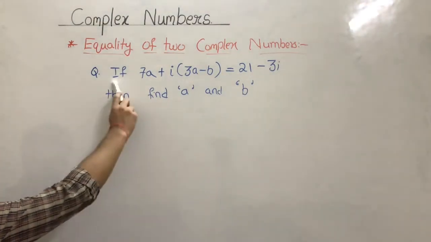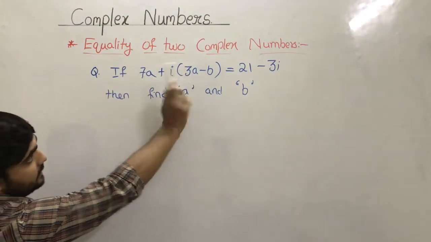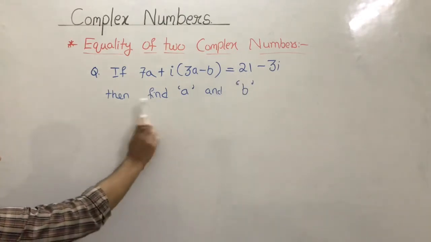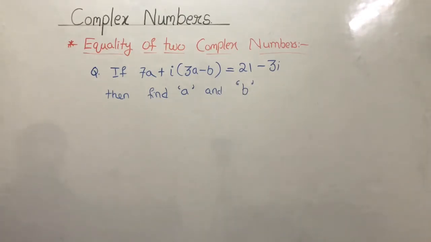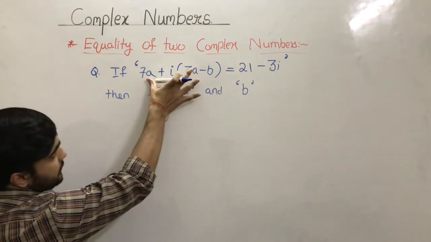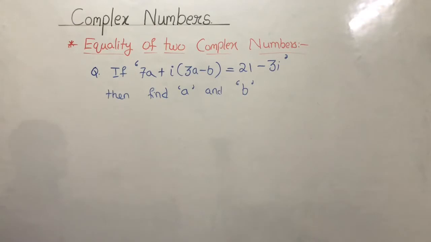They have given: if 7a plus i times 3a minus b is equal to 21 minus 3i, then find a and b. So according to the given condition, we can see that this complex number is equal to another complex number.